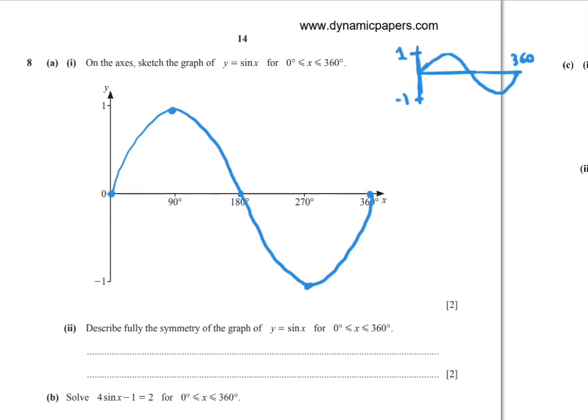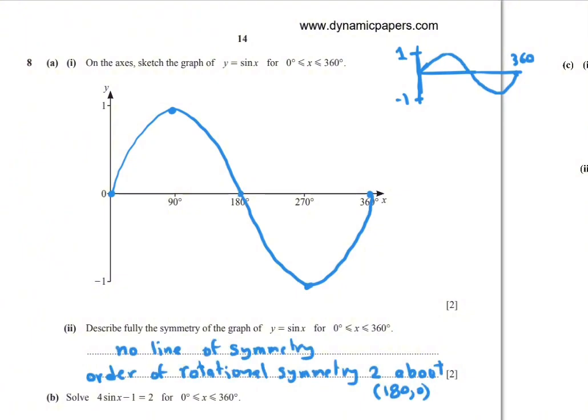So the number of lines of symmetry is 0. For the order of rotational symmetry, this is the center of the graph. If we rotate this shape 180 degrees, you get the same shape. So you can see the shape 2 times in a full turn. So the order of rotational symmetry is 2. So no line of symmetry, and the order of rotational symmetry is 2 about the center 180 and 0.